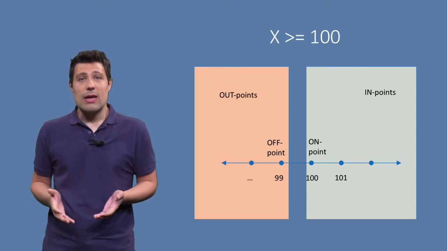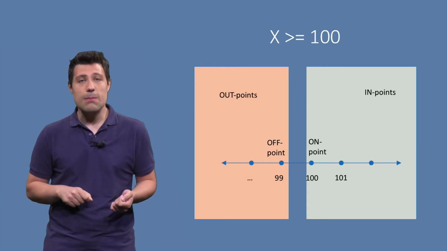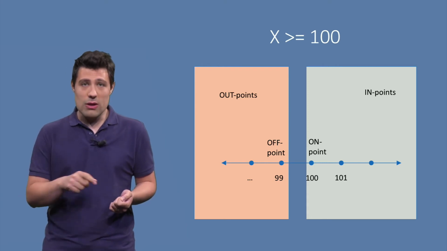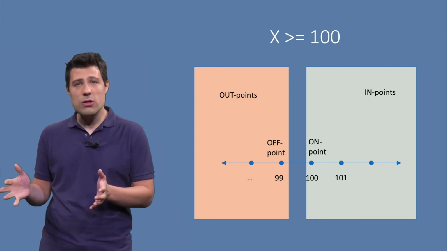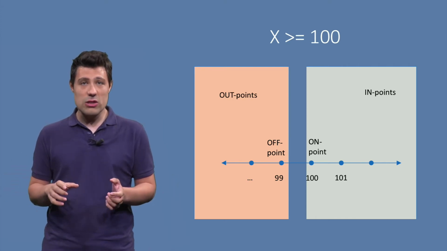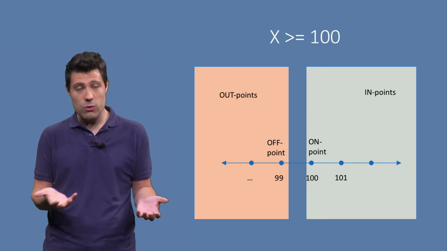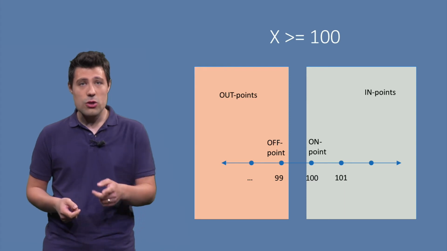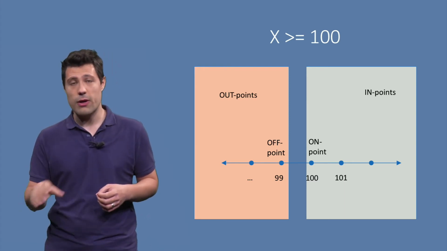The off point is the nearest point to 100 that flips the condition, meaning makes the condition false. So in this case, 99 is the number closest to 100 that makes the condition evaluate to false, because 99 is not greater than or equal to 100. So what happens to our system when the input is the on point and the off point?